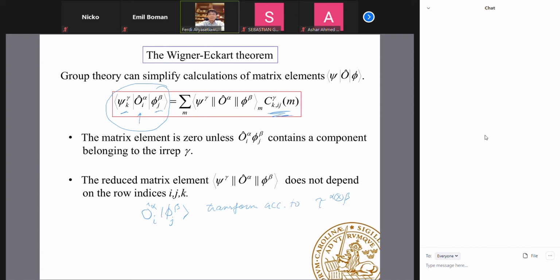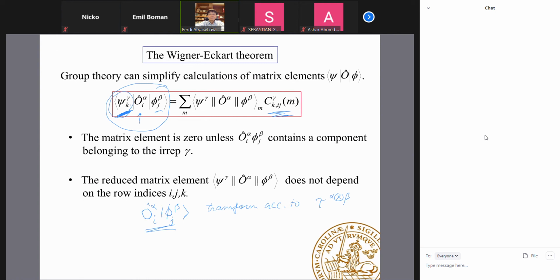So then it's kind of clear that this set of functions can be decomposed into their irreducible components, like we just did. And it's clear then that if the components do not have a component belonging to gamma, then this matrix element will be zero.